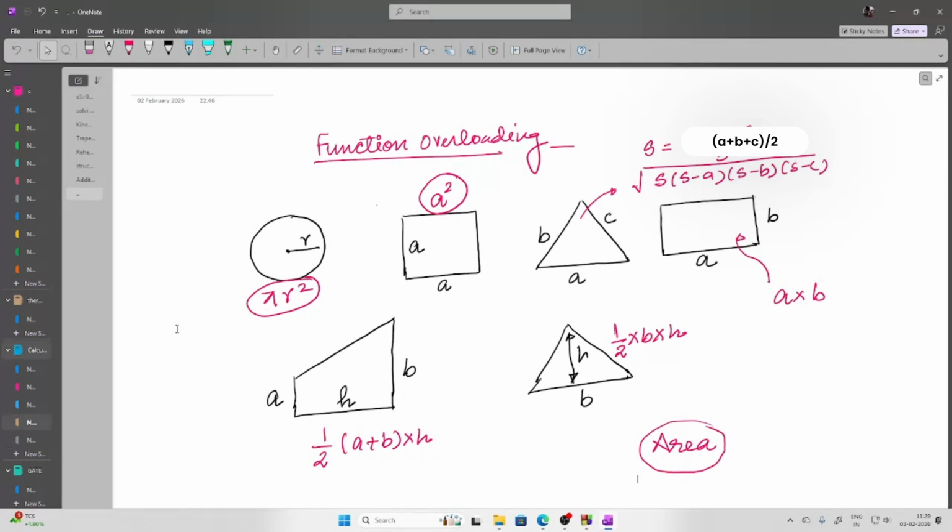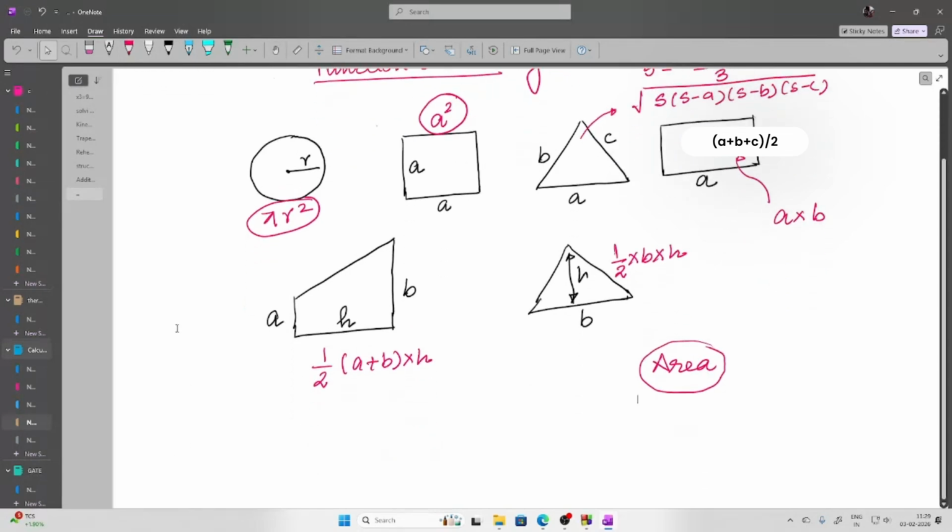In object-oriented programming, this is very much possible, and that is what we call function overloading. It means keeping the same name for every function but varying the arguments of the function.